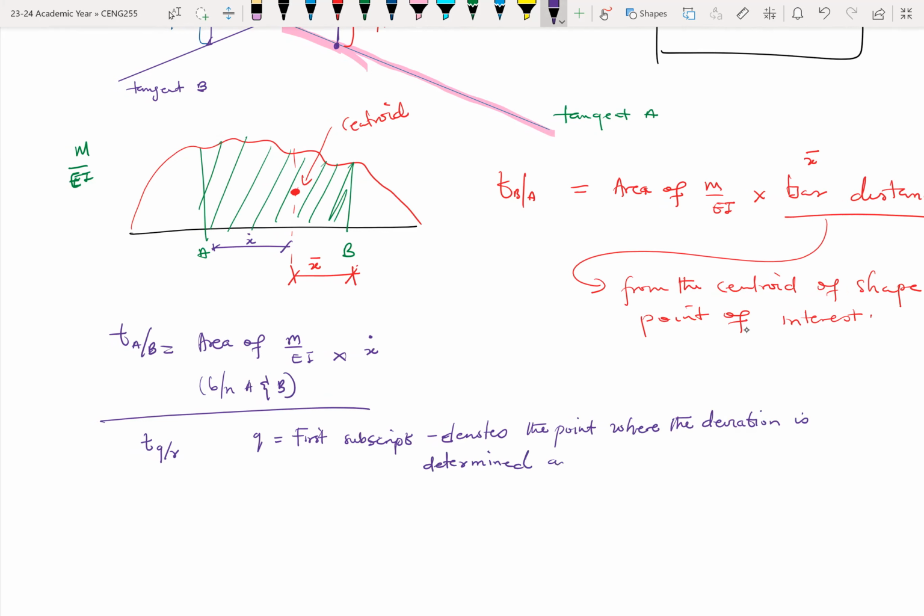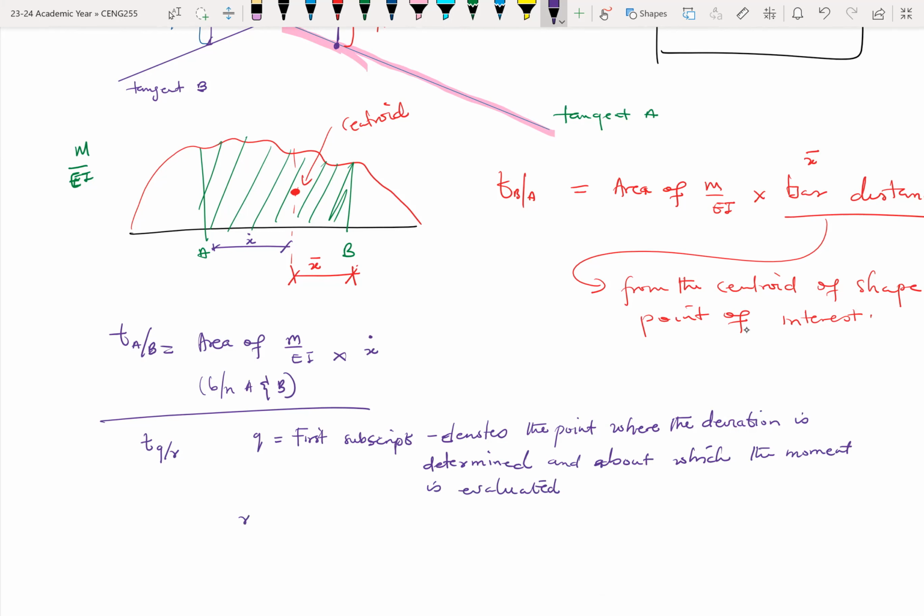And also the point about which the moment is evaluated.